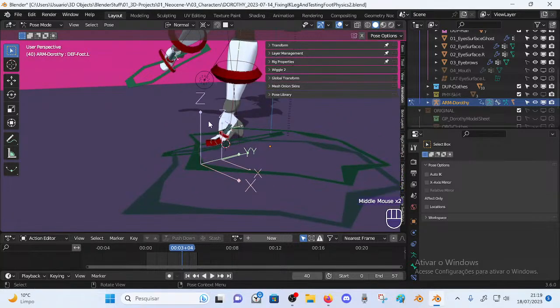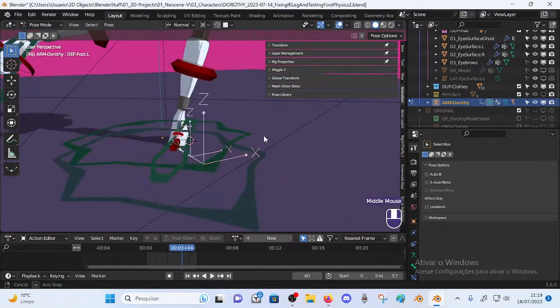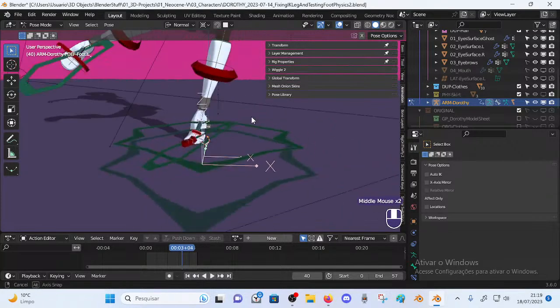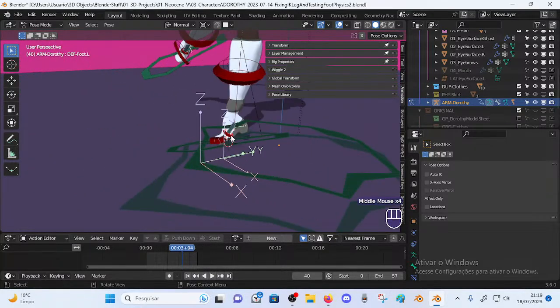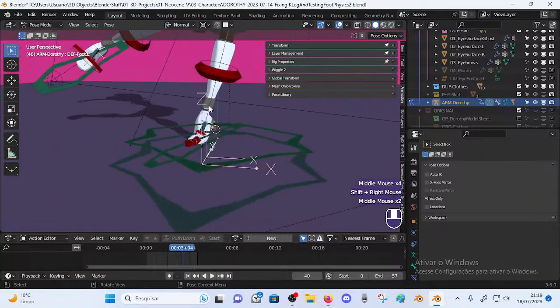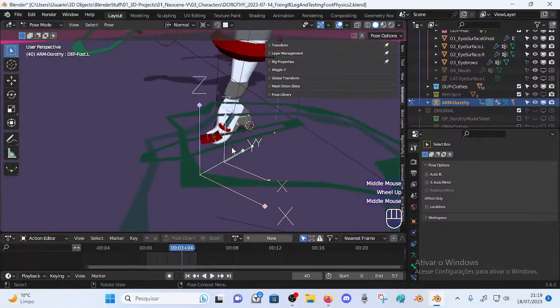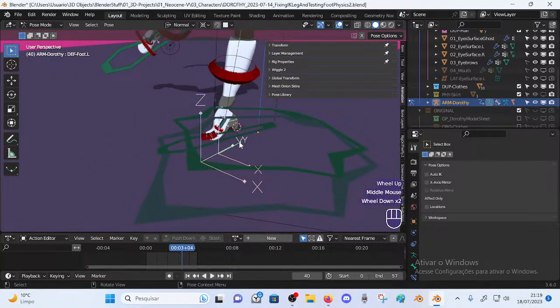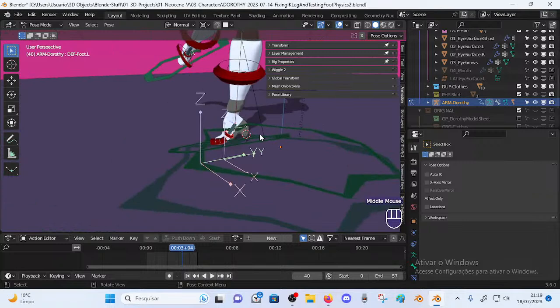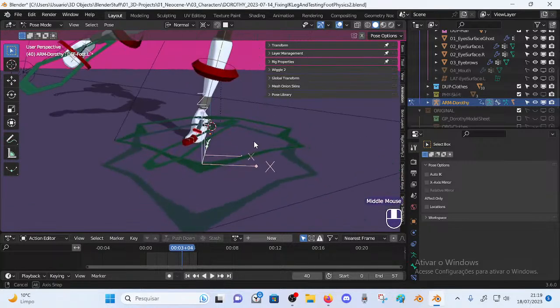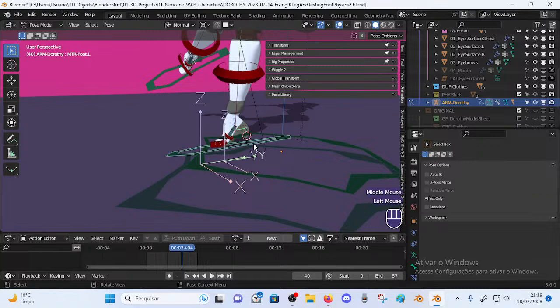So I got rid of the whole advanced foot rig with lots of features, just to use the 3D cursor with these transform pivot point options, and then just pose, rotate the way I wanted the foot, with basically just one control bone.